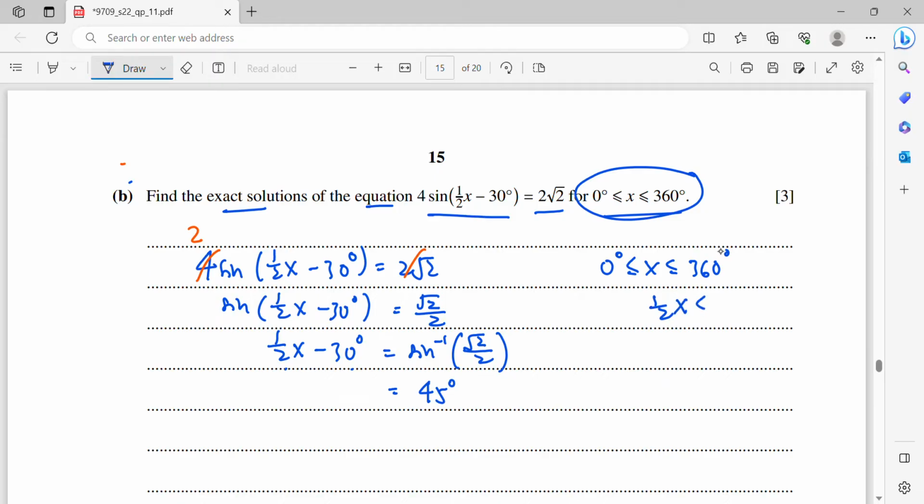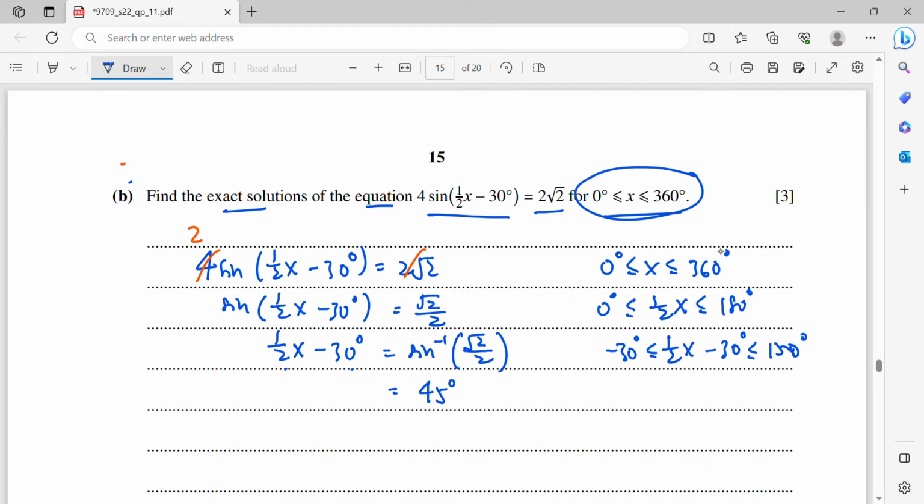So half x means from 0 to 180 degrees. So half x minus 30 degrees means that 180 minus 30, you get 150 degrees. And then 0 minus 30 degrees will be negative 30 degrees. So we can accept all these values.